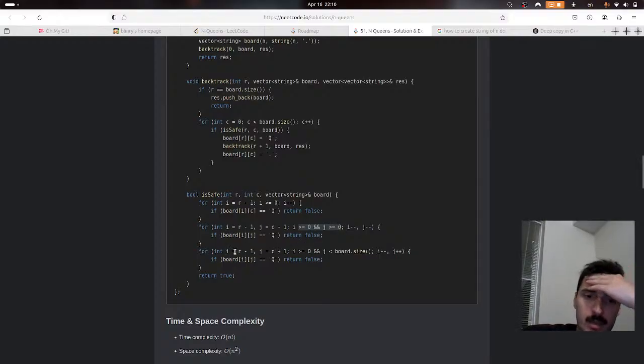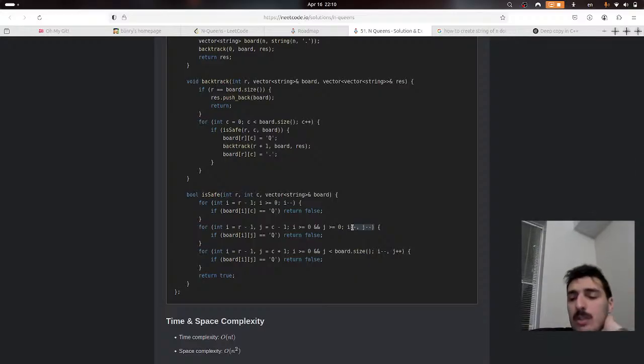And the same thing, but the previous row. They're both decrementing. i and j are both decrementing, so this is going left up.